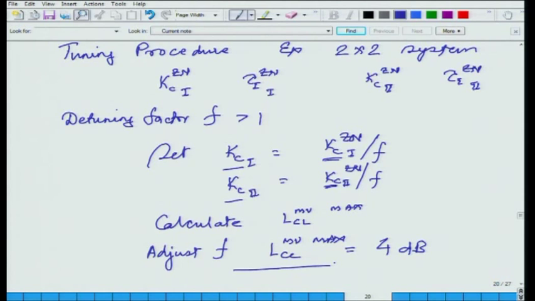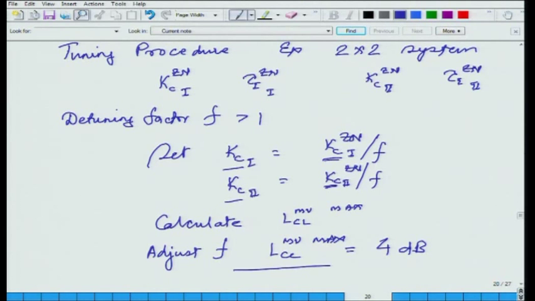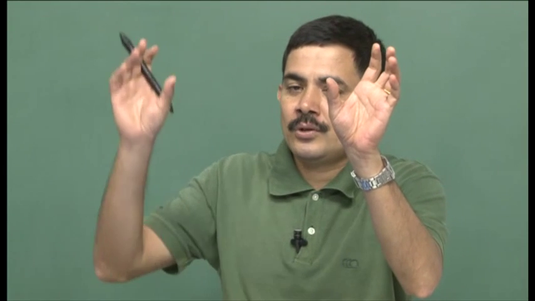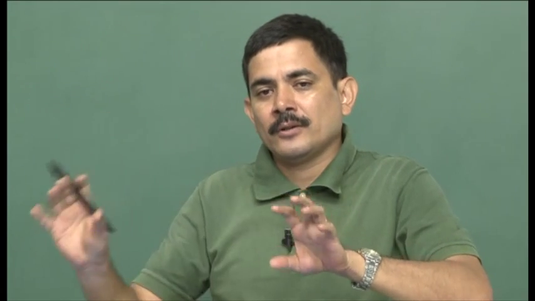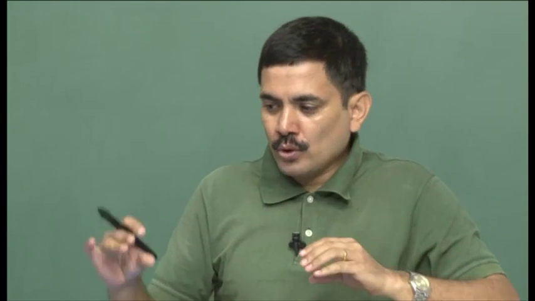Now, last but not least, until now what we have done is, if I have a 2 by 2 system, I am assuming U1 is controlling Y1, U2 is controlling Y2. A more fundamental question is, should U1 control Y1, or should U1 control Y2 and U2 control Y1?